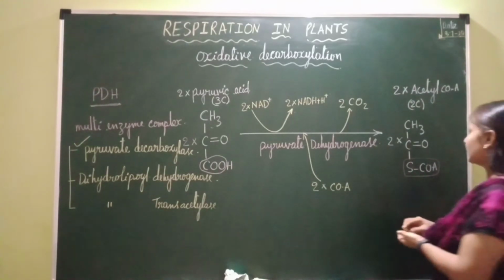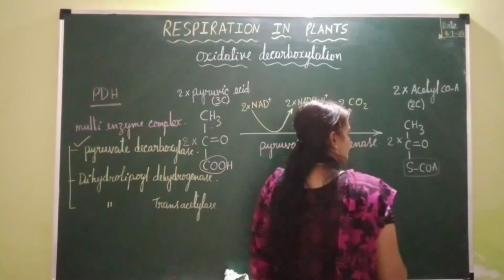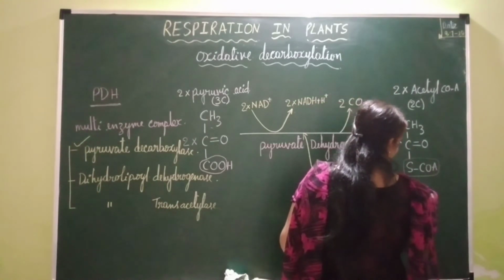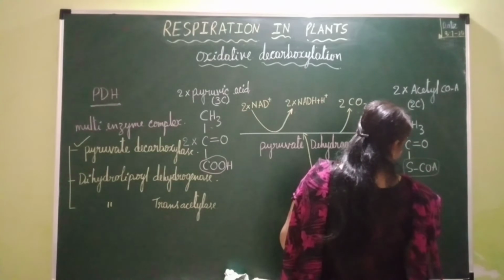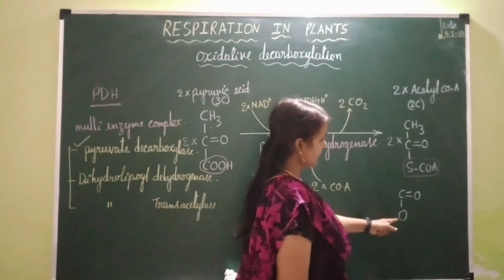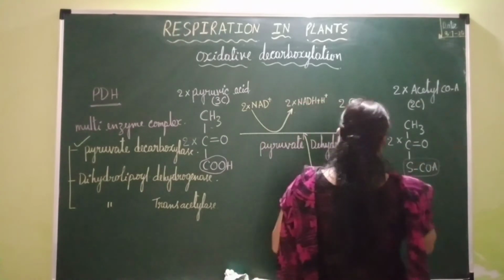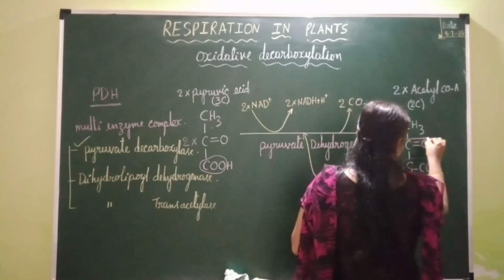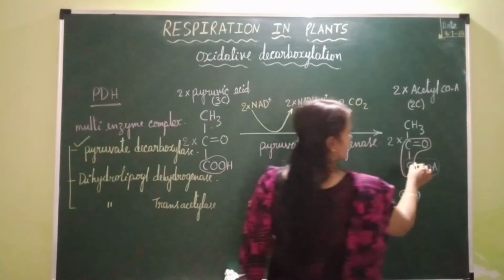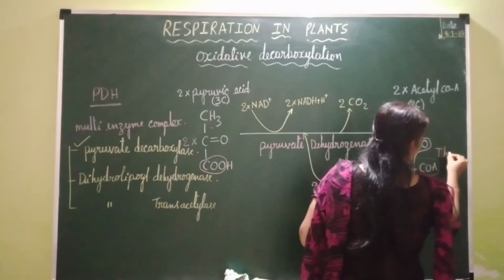What is an ester bond? If the bond is present between COO, this bond is called an ester bond. Whereas the bond formed between C double bond O and S, which is part of coenzyme A, is called a thioester bond.